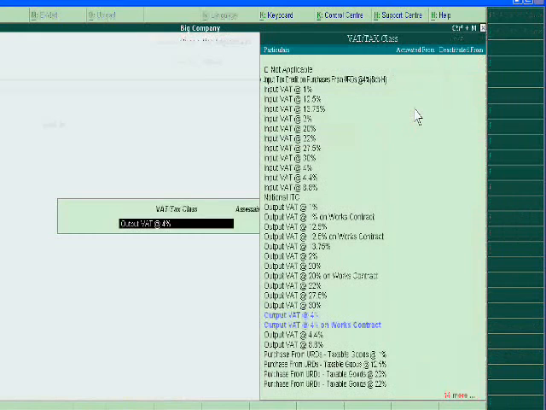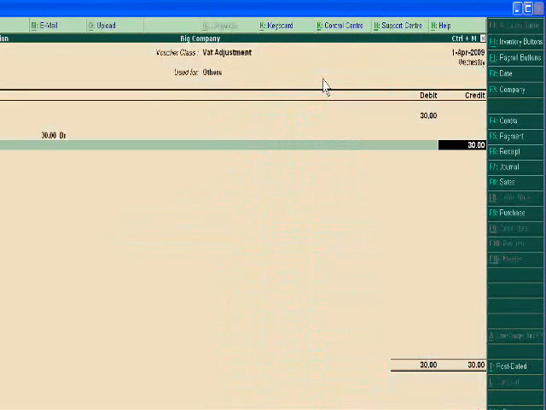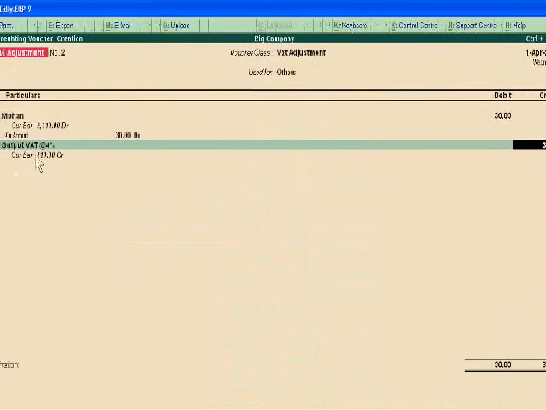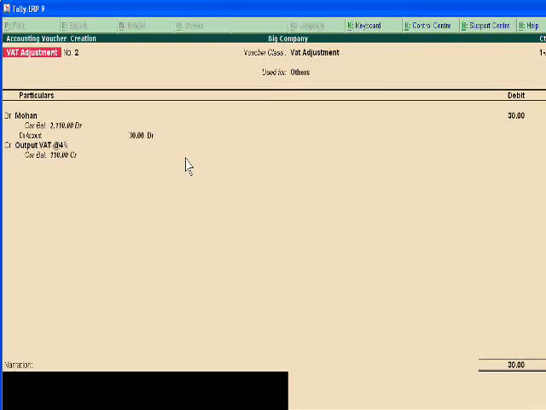Output VAT not applicable. This is not 4%, but this is 1%. This is just the rate by which we are adjusting the amount.